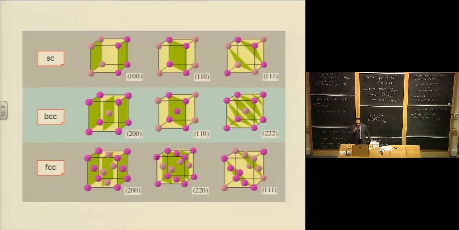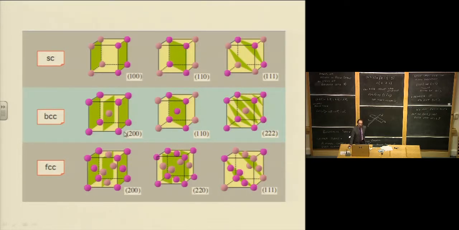Okay, so here's a picture with a bunch of Miller indices and a bunch of lattice planes drawn for the simple cubic lattice. Here's the 1, 0, 0 set of lattice planes, just like I drew before. Now in the BCC case, if you added one more point in the center of that conventional unit cell, it would not be intersected by the 1, 0, 0 set of planes.